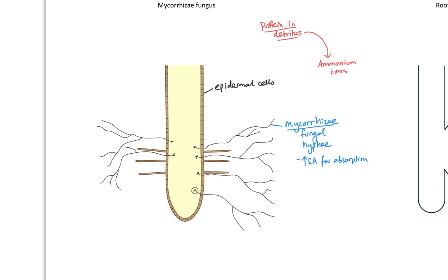And that's due to the thing that feeds on this, the saprobionts. These are bacteria and fungi that feed on the protein in detritus.